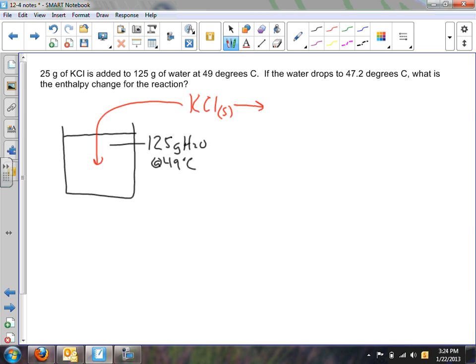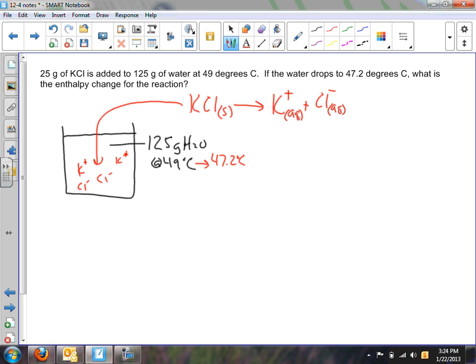Well, when you stick potassium chloride in water, it's going to break apart or dissociate into ions, which will be K plus ions, aqueous, and Cl minus aqueous ions. And the process of this solid turning into all these different ions causes the temperature to go down to 47.2 degrees.